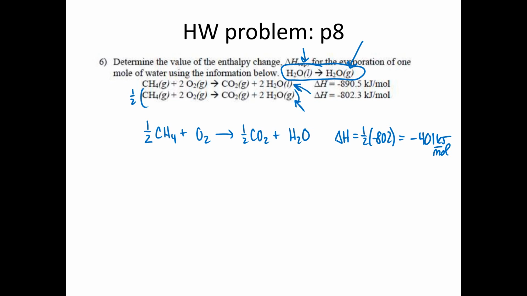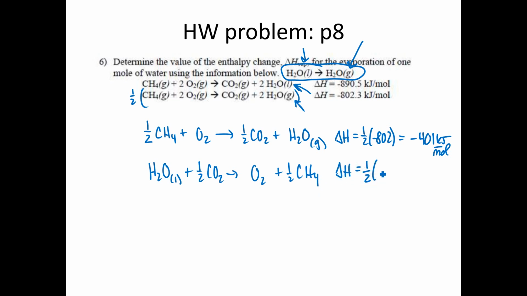It looks like I need to flip it around and multiply it by 1/2. Okay, so I'm going to flip it around and then I'm going to multiply it by 1/2. So I'm going to end up with 1, I should label these here with states of matter. Okay, I'm going to end up with 1 liquid water on the left and 1/2 CO2 and then 1 oxygen and then 1/2 CH4.